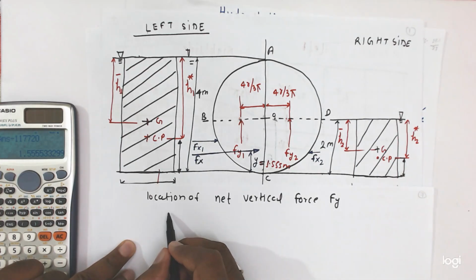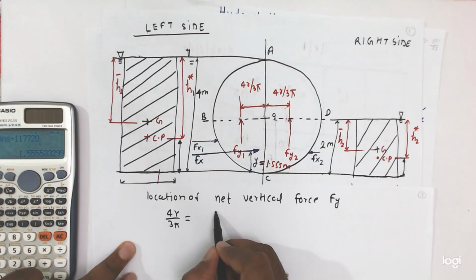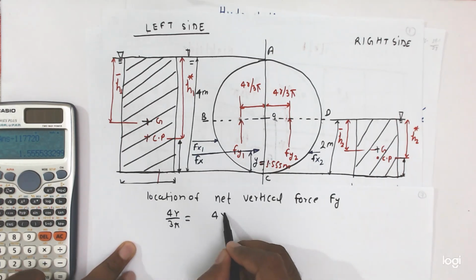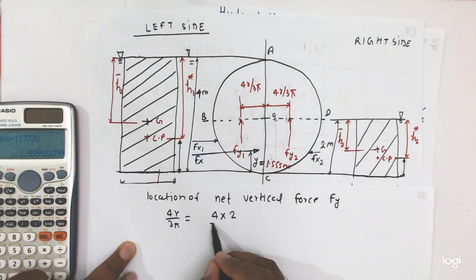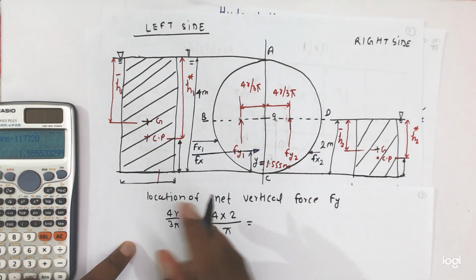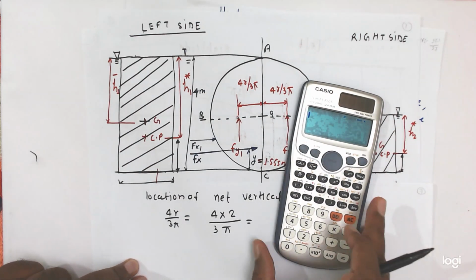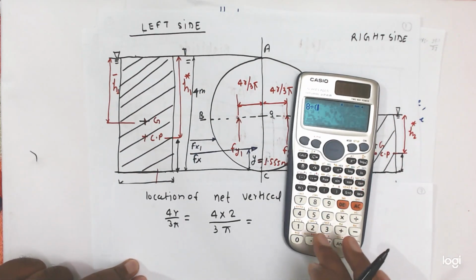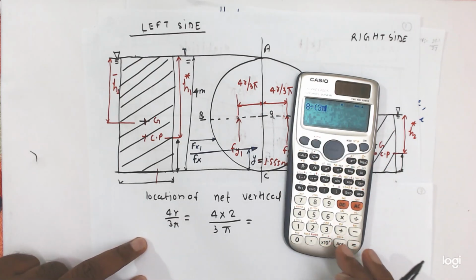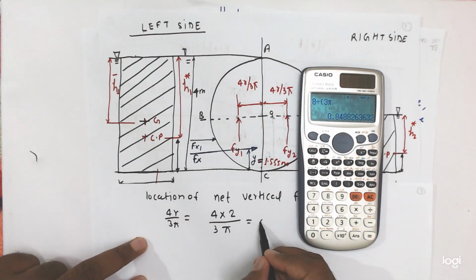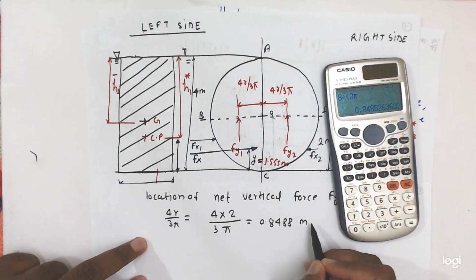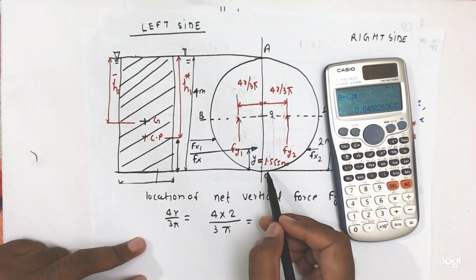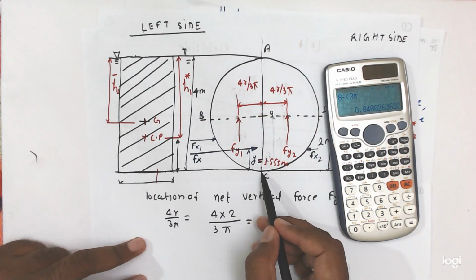So we'll find this 4r by 3 pi value. We know that 4 into r, with radius equal to 2 meter, divided by 3 pi, is 8 divided by 3 pi. So it will come around 0.8488 meter on both sides from this AOC.